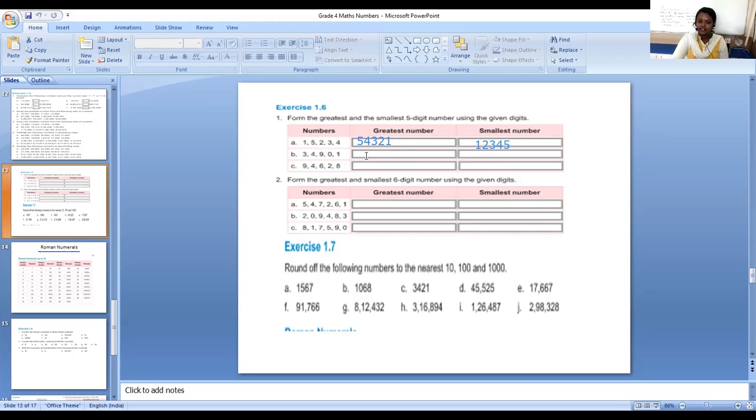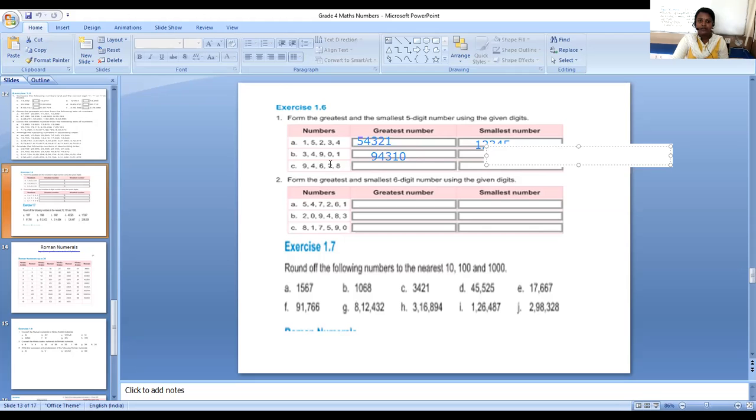Accordingly, let us try the second question. 34901. We have here the greatest number, that is 9, followed by 4, 3, 1, 0. That is 94,310. Same way, the smallest number is framed starting from the smallest of all, which is 0.